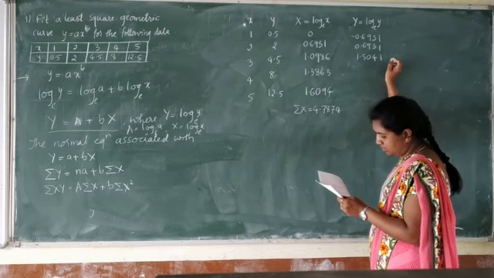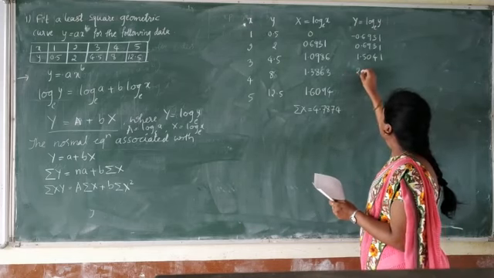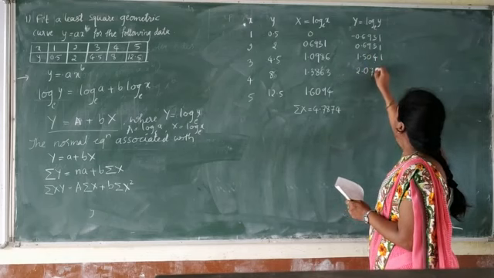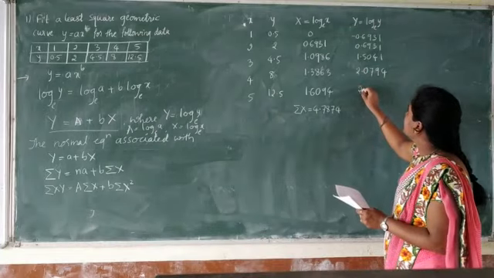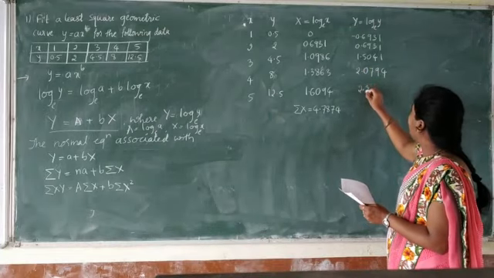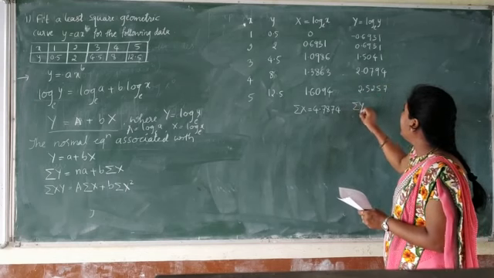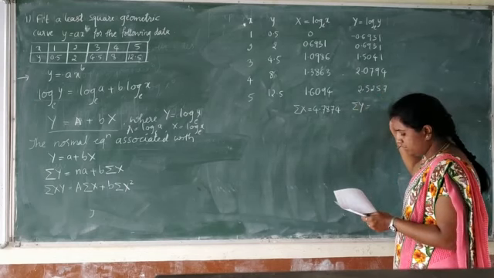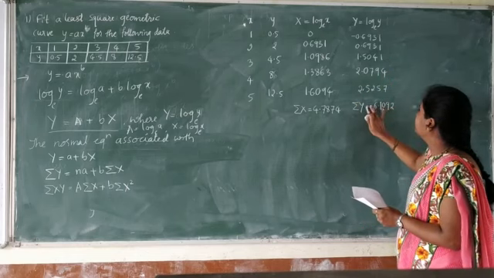Next, log 8 value is 2.0794. Next, log 12.5 is 2.5247. Next we want summation of y. Adding all these y values, here we are getting 6.1090.